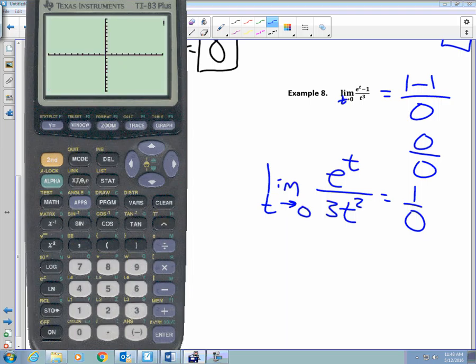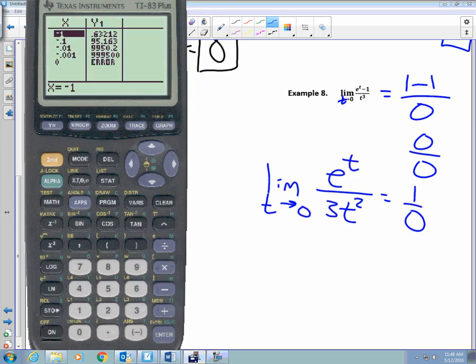As I graph that, as I approach 0 from the left, what does the y value approach? Infinity. As I approach 0 from the right, what does the y value approach? Infinity, right?